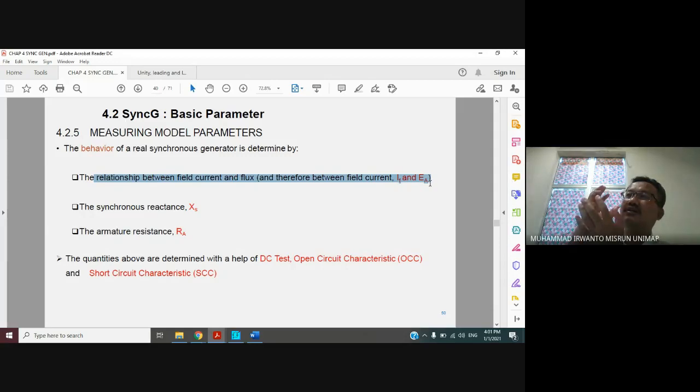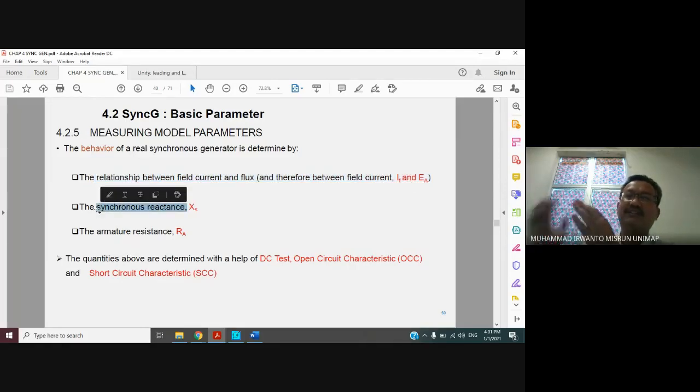When the external resistance and field winding are constant, if we increase the DC voltage or field voltage, the field current IF will increase. The increasing field current will also increase the internal generated voltage.